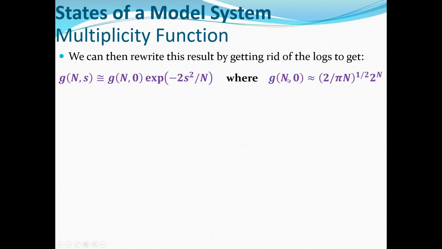Now what this is actually referring to is the multiplicity function for the middle, when you have equal numbers of ups and downs, or when the spin excess is 0, if that kind of makes sense. So we're using this as the peak multiplicity function, the peak number of microstates. And then any other microstate would be this peak number times this e function.